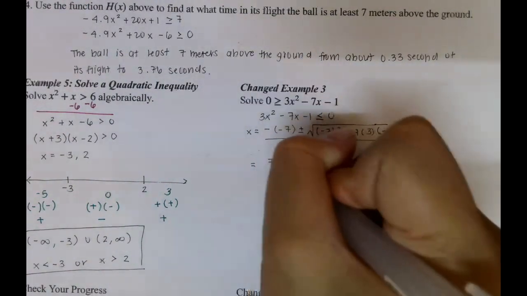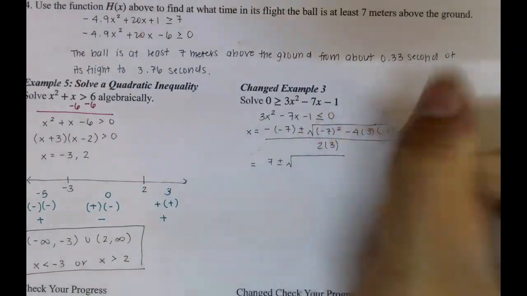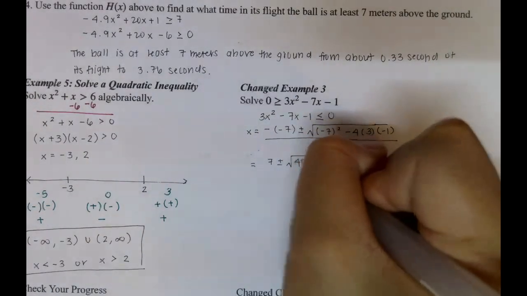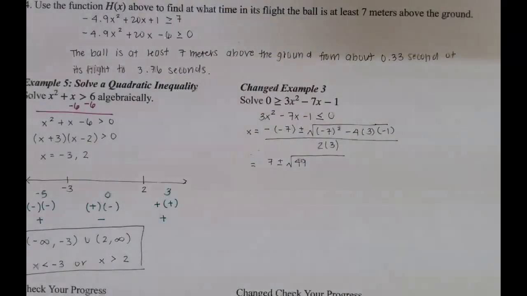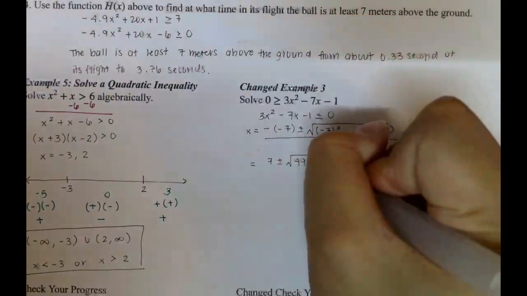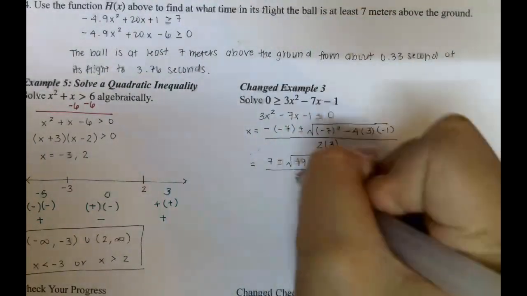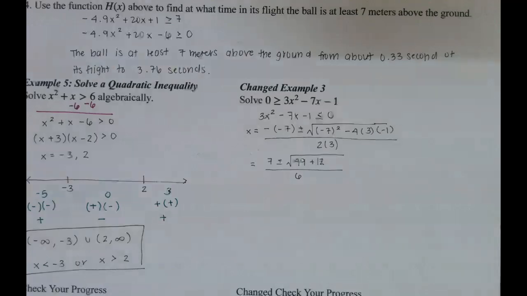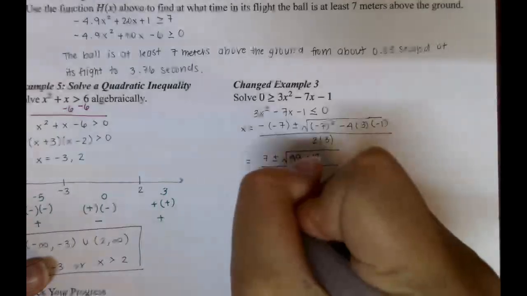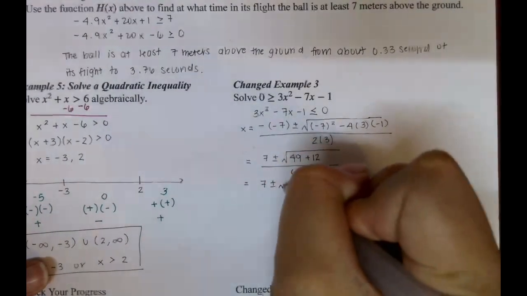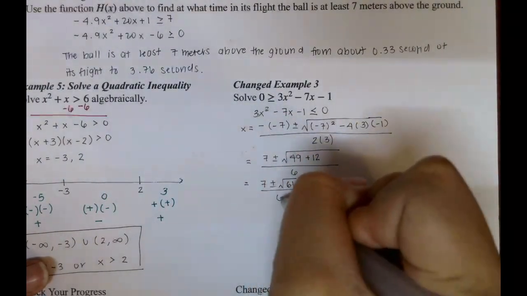This gives me 7 plus or minus negative 7 squared is 49. Negative 4 times 3 is negative 12, times negative 1 is a positive 12. All over 2 times 3 is 6. 49 plus 12 is 61. So this is 7 plus or minus square root of 61 over 6.